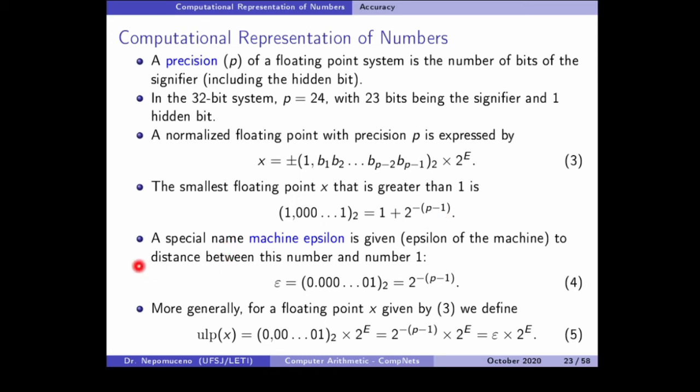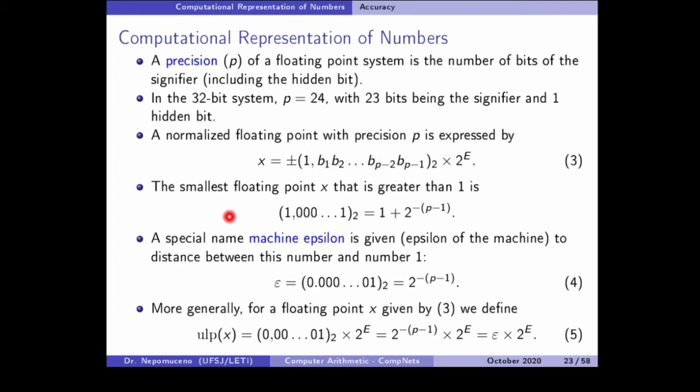A special name, machine epsilon, is given to the distance between this number and the number 1. So the epsilon of floating point representation is the value of 2 elevated to minus (P minus 1). So if you have, for example, P equal to 24, you are going to have 2 elevated to minus 23.